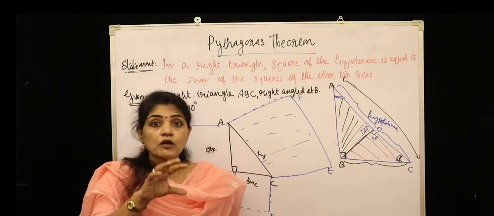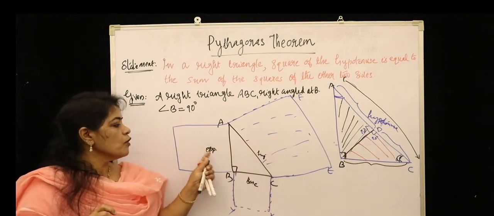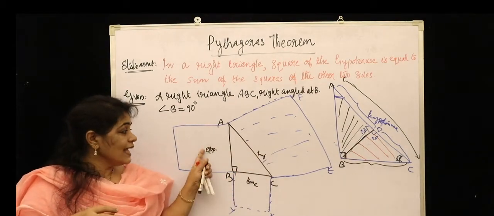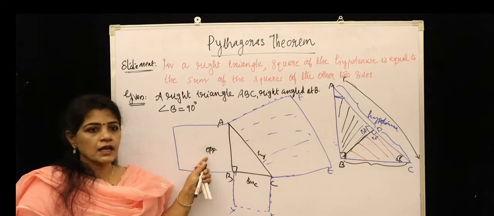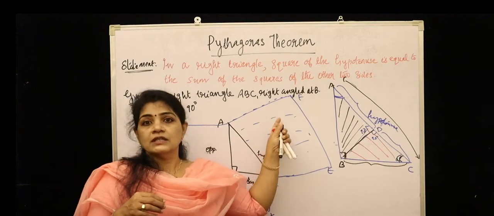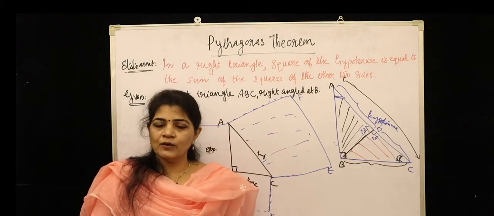That means the square on the hypotenuse will be equal to the sum of the squares of the other two sides. If you arrange, the area of this square plus the area of this square will be equal to the area of the square on the hypotenuse. Idea is okay?